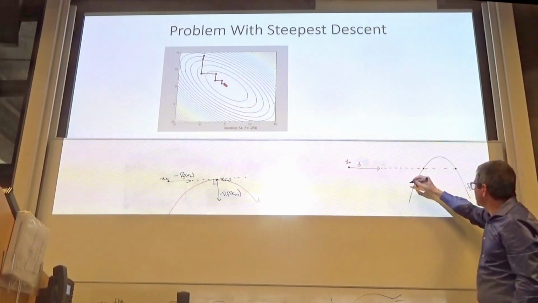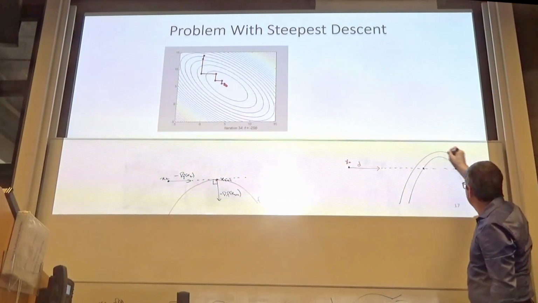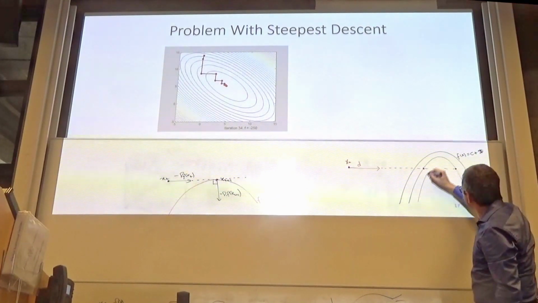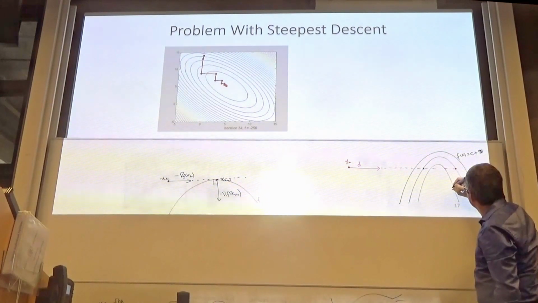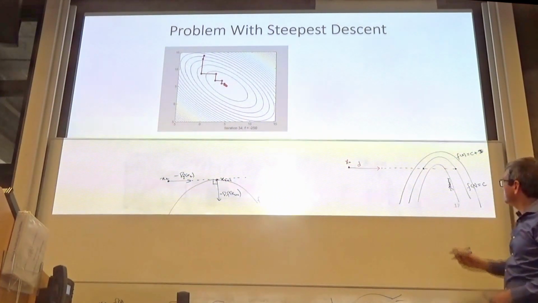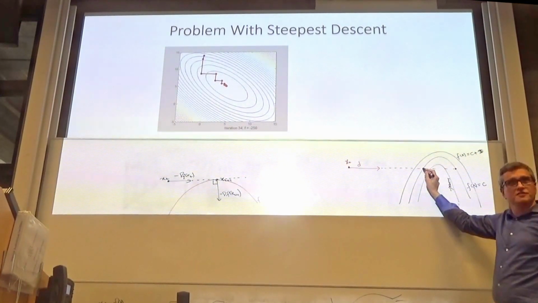If I do f of x equal to c plus epsilon, I will move up. And if I do c minus 1, I will move down. Yeah, so I will move inside. So, can this point be a minimum?